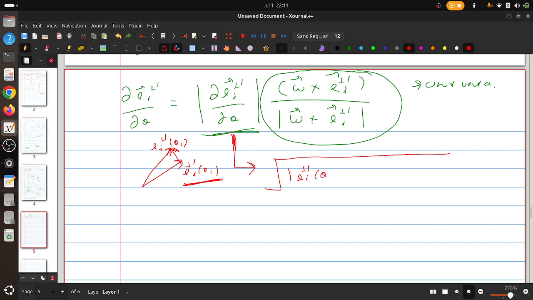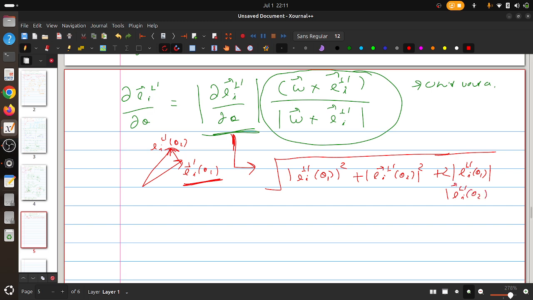So you can write mod of this thing here, mod square, plus, just to be complete with notation, square plus 2 mod E_I perpendicular prime at theta 1, and mod E_I perpendicular prime.